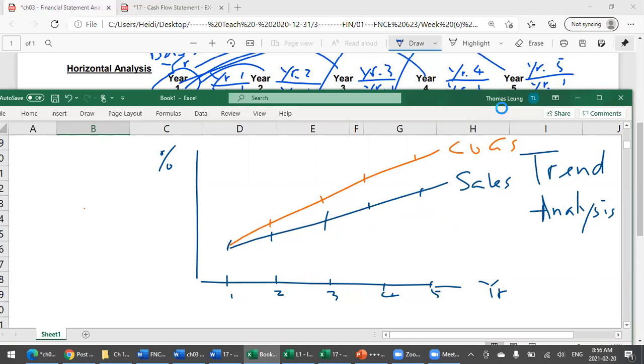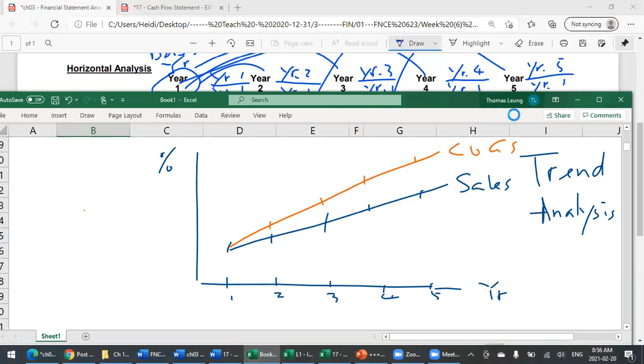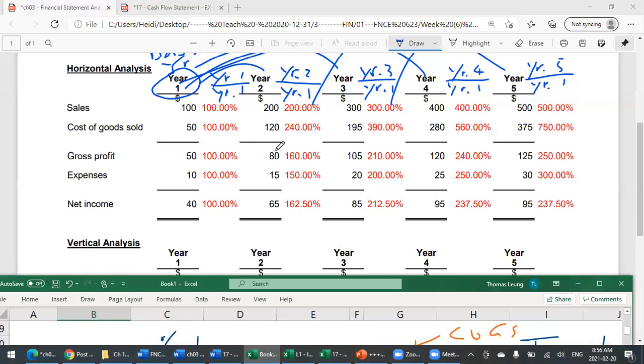Yes, exactly. Because the speed of the growth of the cost is faster than the growth of sales. I'm not saying the company is losing money. If you go back to these numbers, the company has kept making profits. Yes, it's always a profit, right?